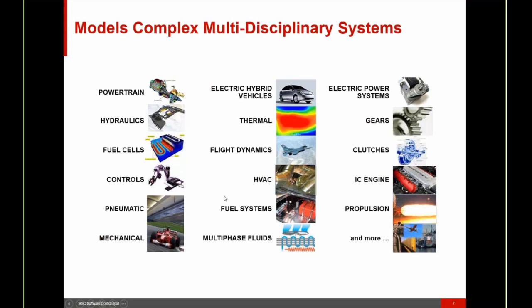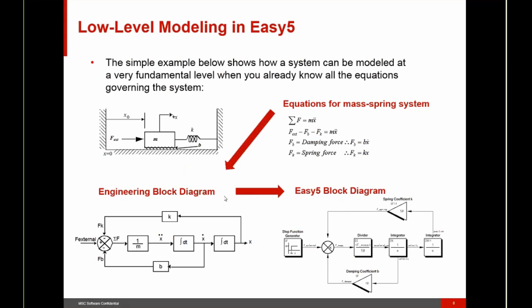Now, if an engineer has a detailed understanding of the equations governing the system that they want to model, they can use primitive mathematical components from the general purpose library to build a low-level model. In this example, we have a spring mass damper system.